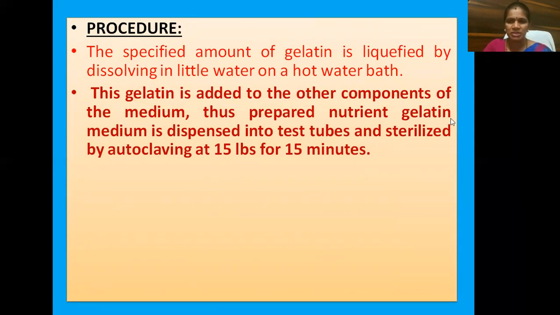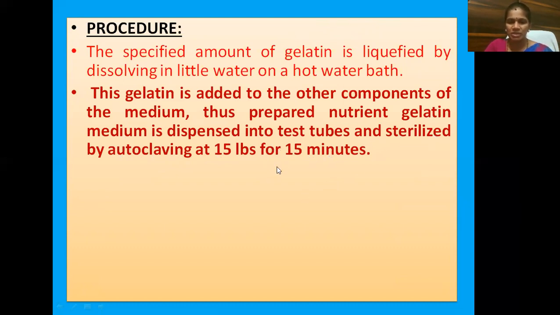The nutrient gelatin medium thus prepared is dispensed into test tubes and sterilized by autoclaving at 15 lbs for 15 minutes. The autoclave is one of the physical sterilizing agents which sterilizes culture medium, empty glasswares, and other rubber products which can withstand high temperature and pressure, like 15 lbs at 121 degrees Celsius for 15 minutes, right?